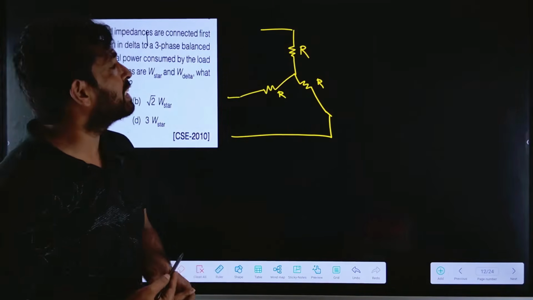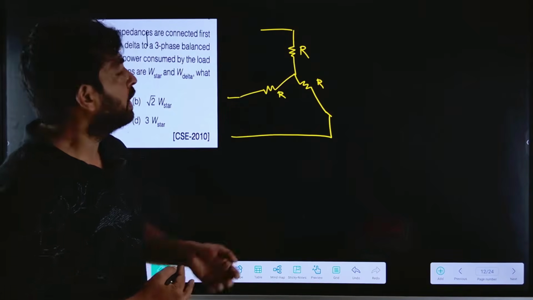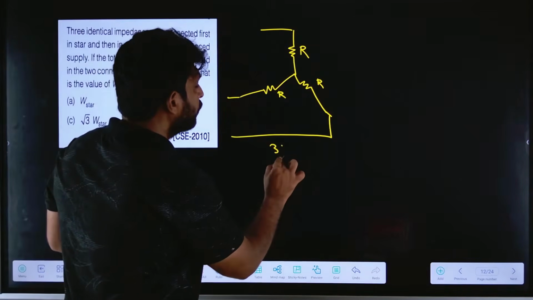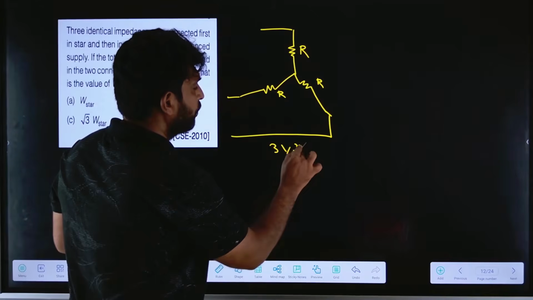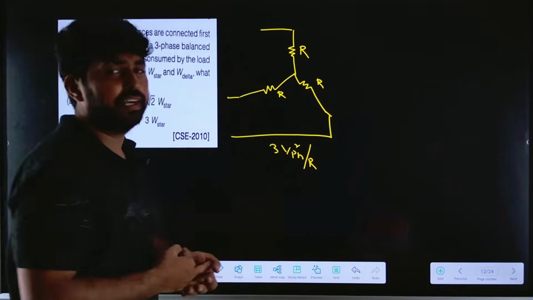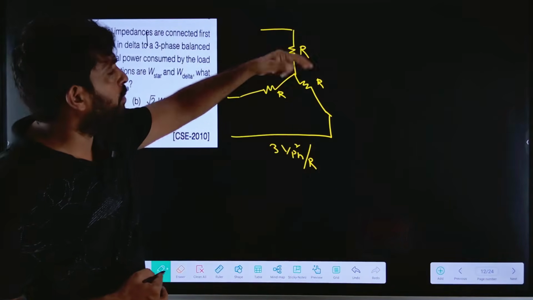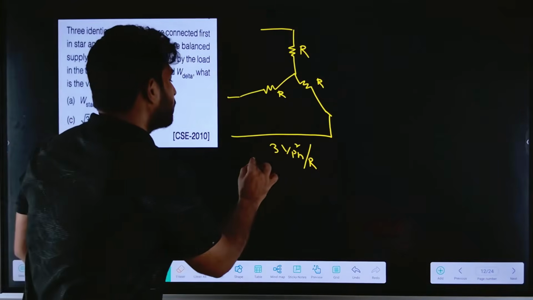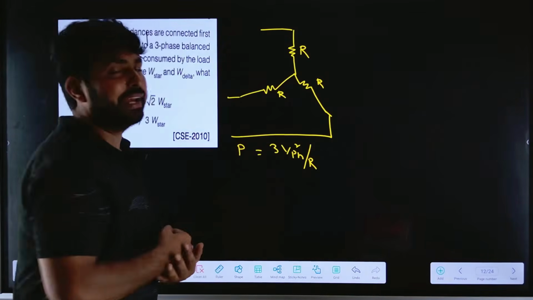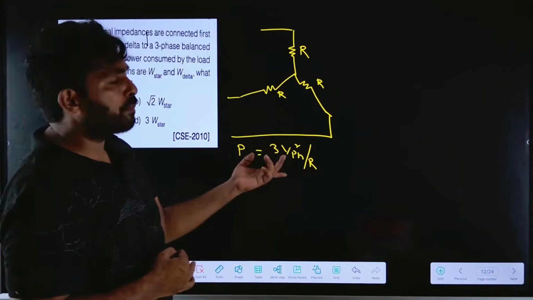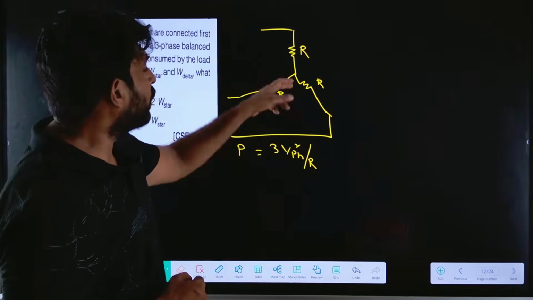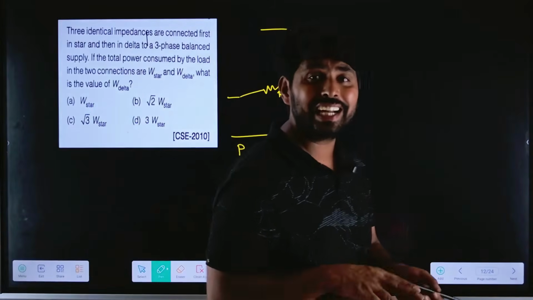How can we find the power in the star connection? It is 3 into V phase square divided by R. V phase square divided by R is the power for each phase. If I multiply by 3, I will get the three-phase power. If I want to represent it in line voltage format, what is the line voltage phase voltage relation in the star connected system?